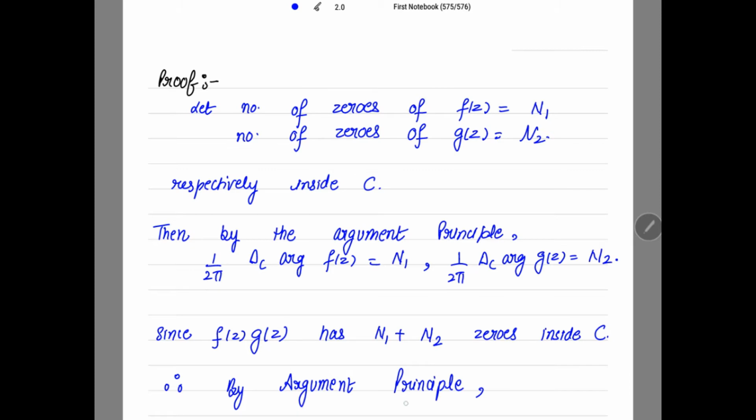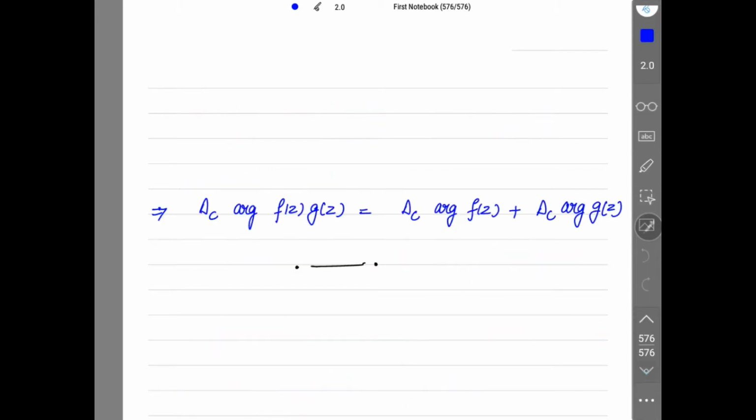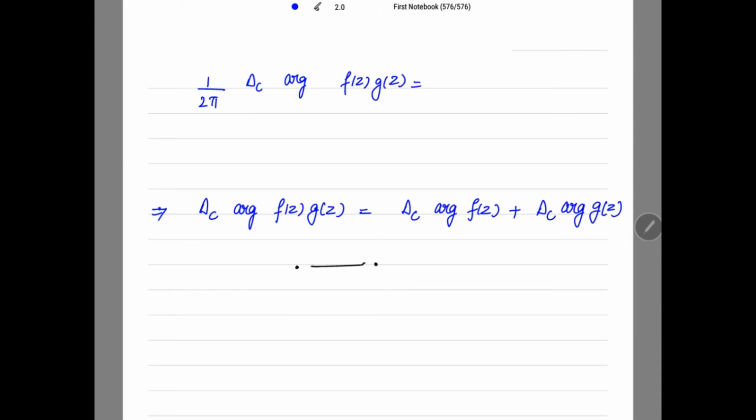Now I'm using the argument principle for f(z)g(z). So by argument principle, I'm having 1 over 2π Δc argument of f(z)g(z). This should be equal to the number of zeros, which are n1 plus n2.